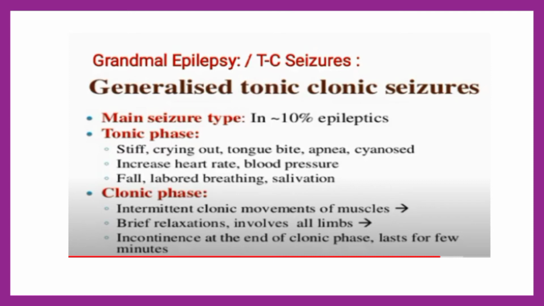I have explained this in detail in an earlier video. The explanation is there, like what happens in tonic and what happens in clonic. Tonic is supposed to deal with the heart rate and BP and all, and clonic is supposed to deal with the movement of the muscles. So in that video you will get the detailed explanation.